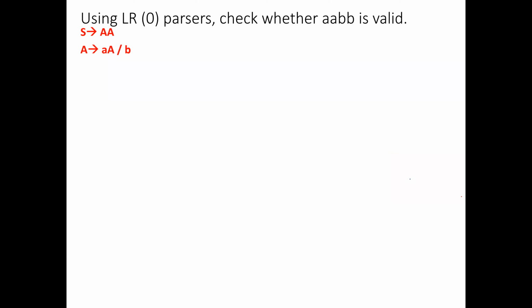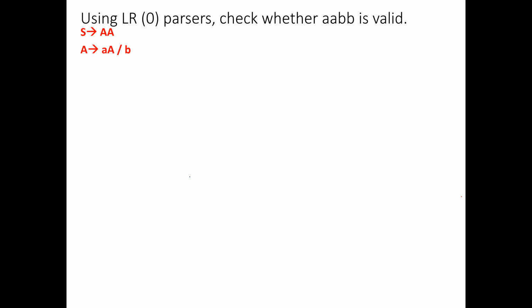Now, let us first construct something called an augmented grammar. As we've seen earlier, augmented grammar means your normal grammar plus an extra rule. So first thing, I will write my normal grammar: S is AA, and A is aA or b.